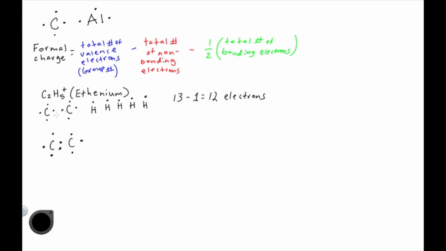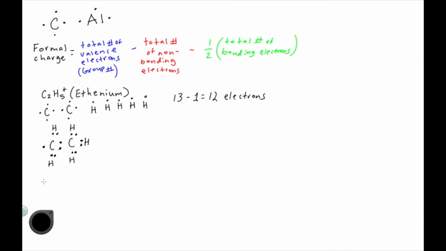So let's take our hydrogens, our 5 hydrogens, and then add them to our carbons, one carbon at a time. So this is our 3rd hydrogen, our 4th hydrogen, and then our 5th hydrogen.